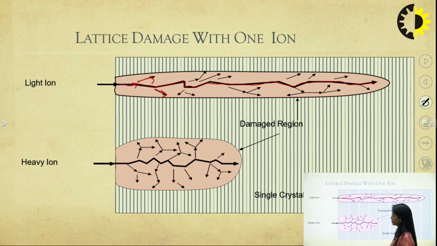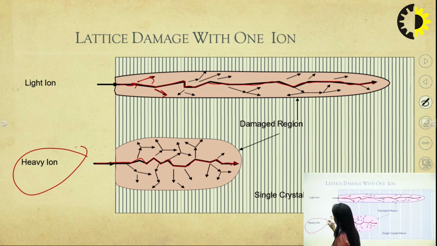Let's say we talk about a heavy ion. By heavy we mean molecular weight and dimensions. So it is not able to reach the device dimension as far as a light ion is concerned. So crystal damage is more in heavy ions and less in light ions.